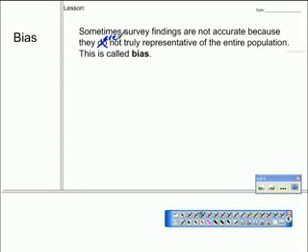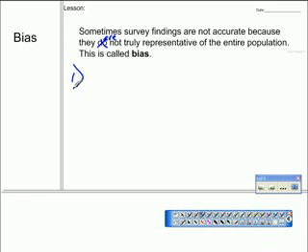Why might this happen? How might we get biased results?